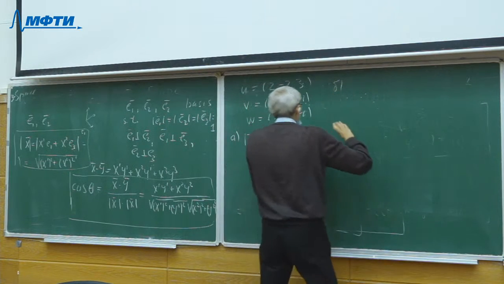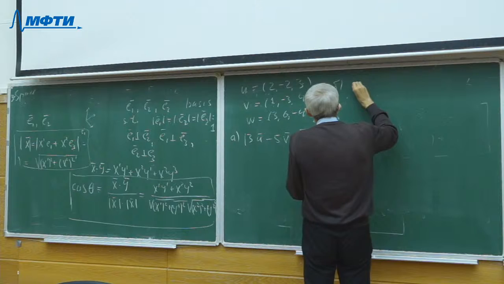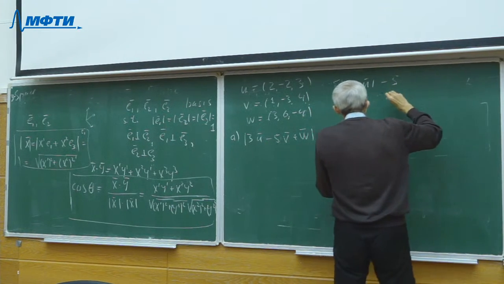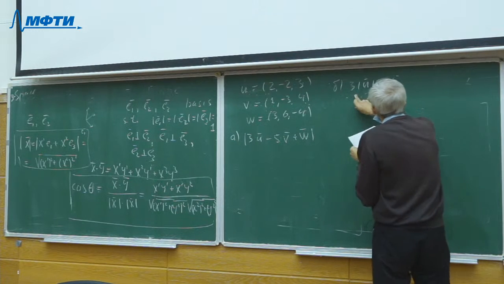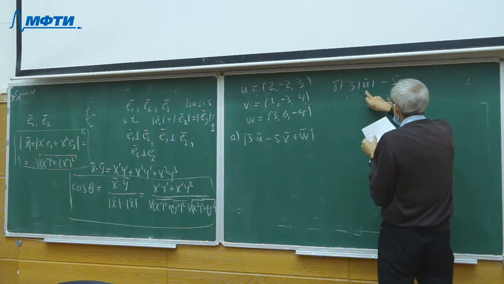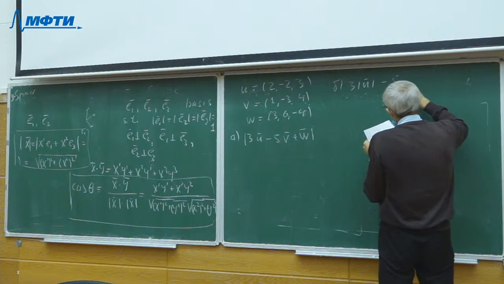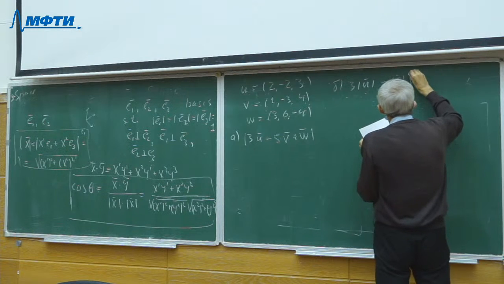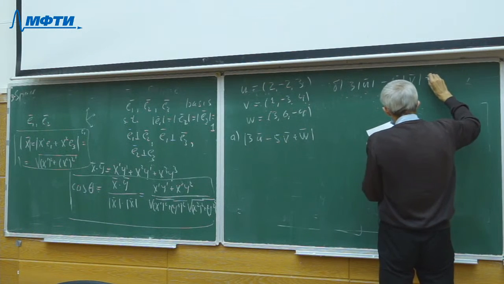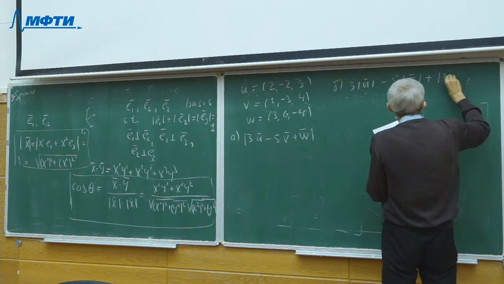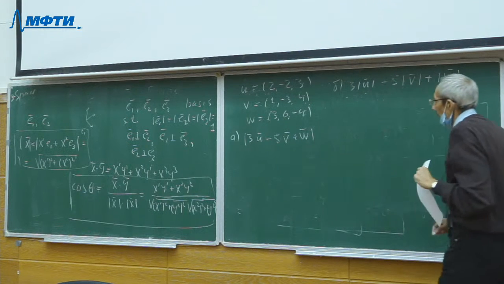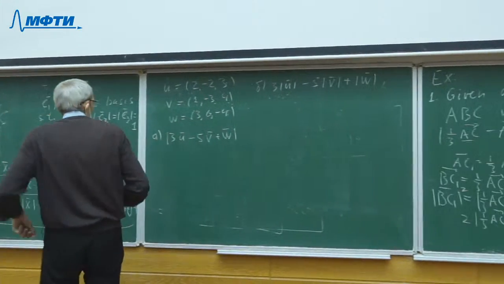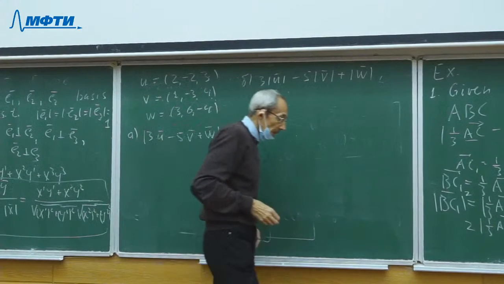And item b, let's calculate 3 times the length of u minus 5 times the length of v plus the length of vector w. Compare these two expressions.